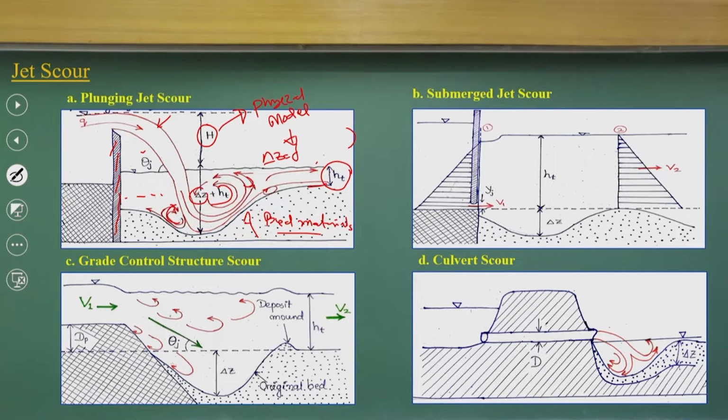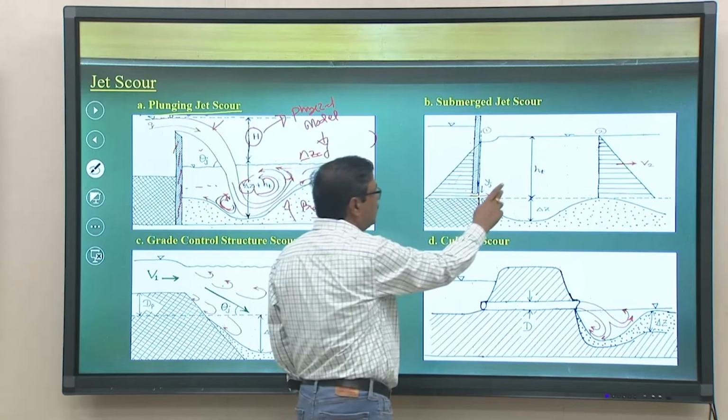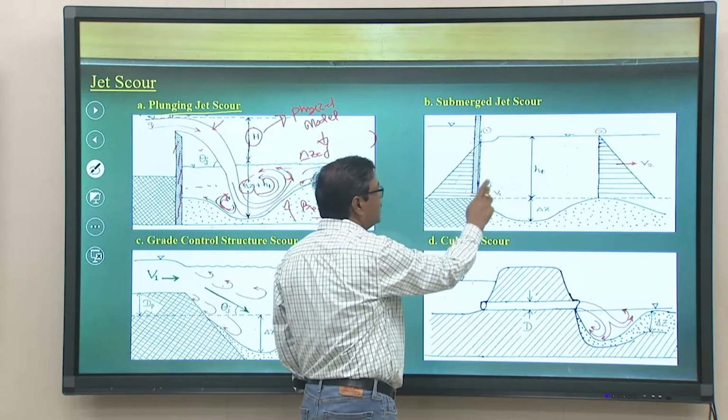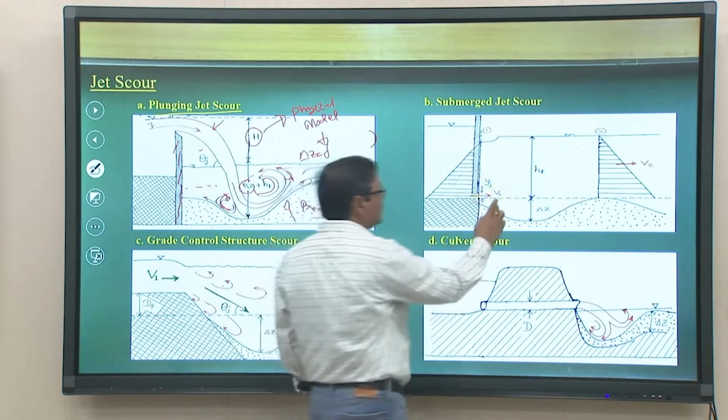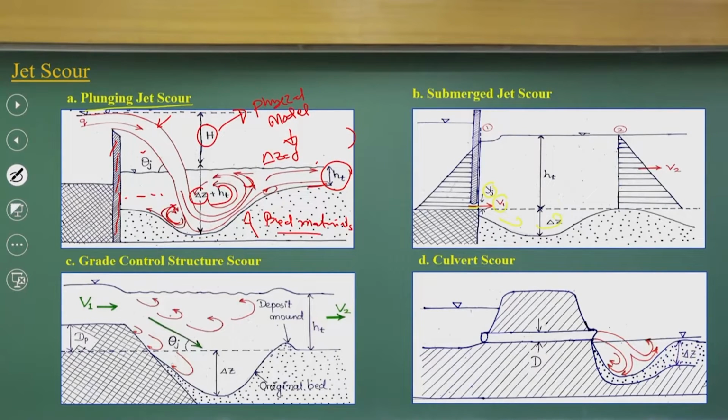As we discussed for the scour at bridge piers, the same concept is followed for plunging jet scours. In the same way, you can have a dam structure with a sluice gate. The sluice gate will have a velocity V1 and a depth Yj, and you can understand how the scour mechanism is going to form here.